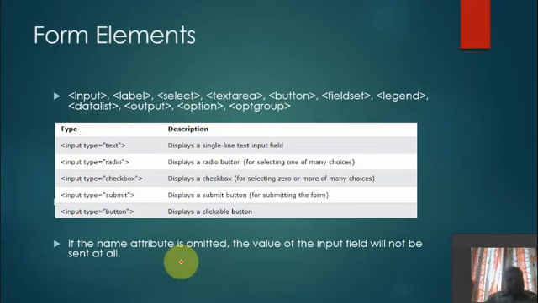If the name attribute is omitted, the value of the input field will not be sent at all. So you should have a name attribute for a given element within the HTML form, and only then will it identify the variable.